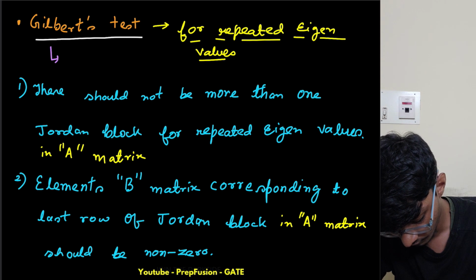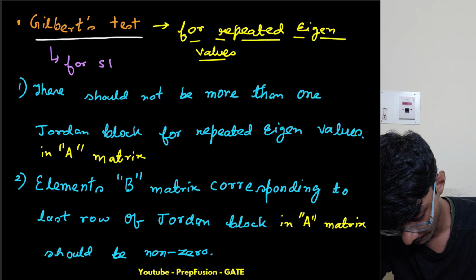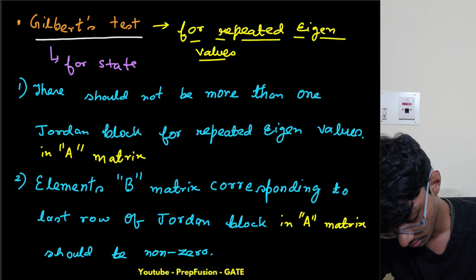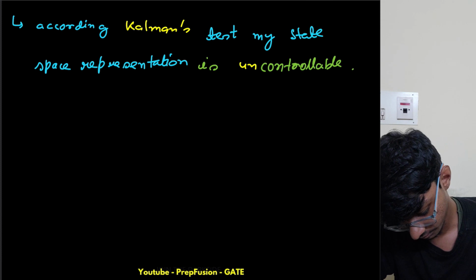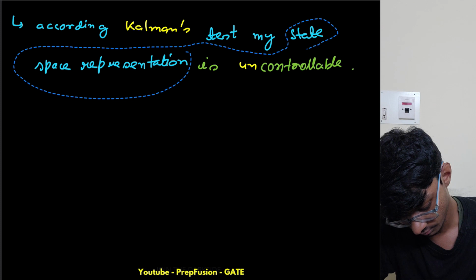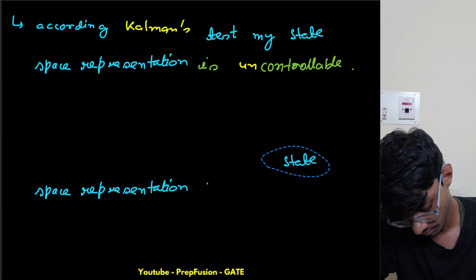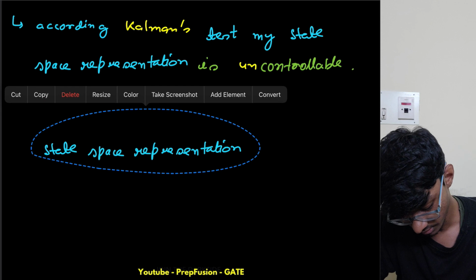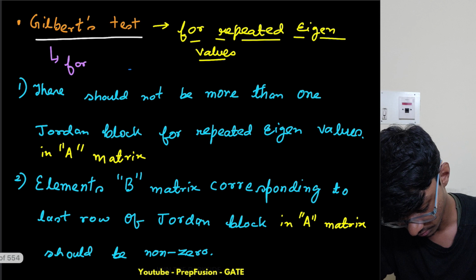Gilbert states that for a state space representation to be controllable, let me write this. Let me copy this from somewhere. State space representation, I've written it somewhere, yes, this one. Paste this here. Let me change the color of this one, cut this one, and paste it here.